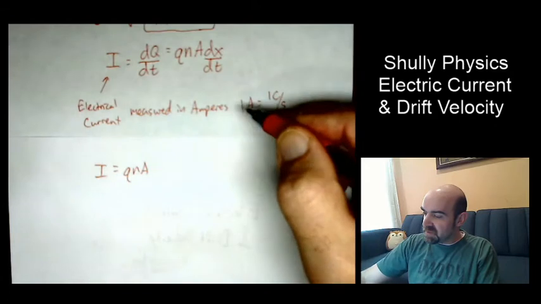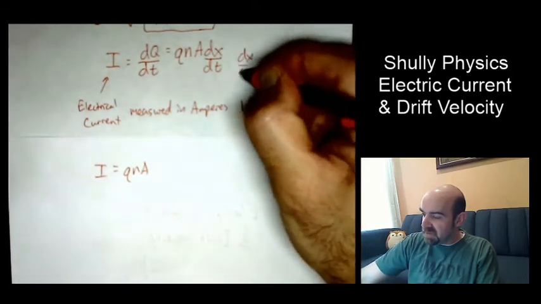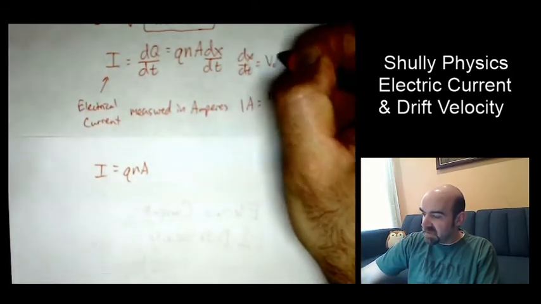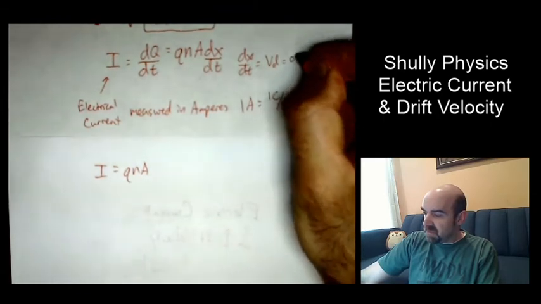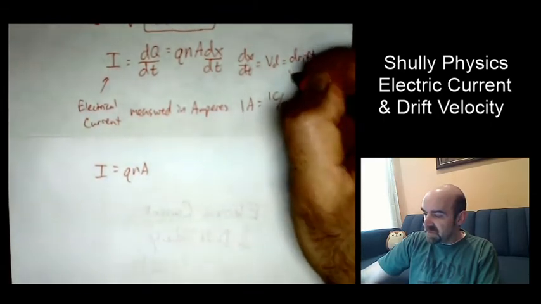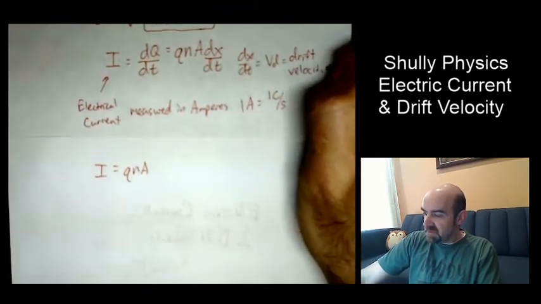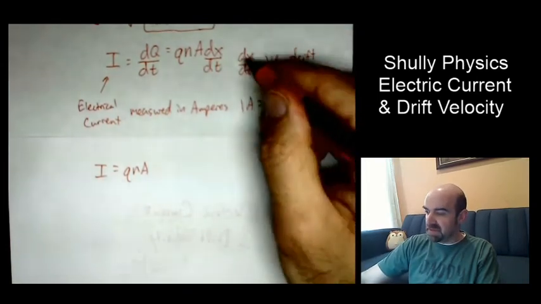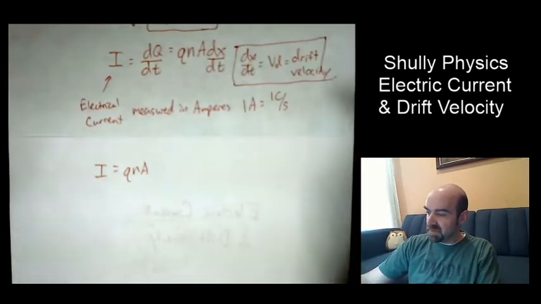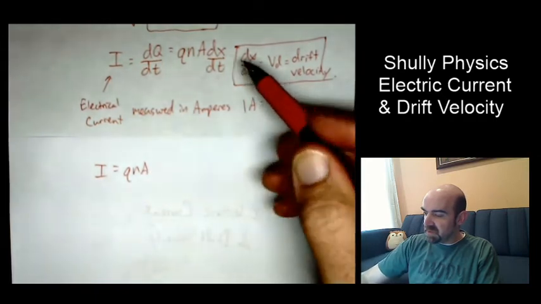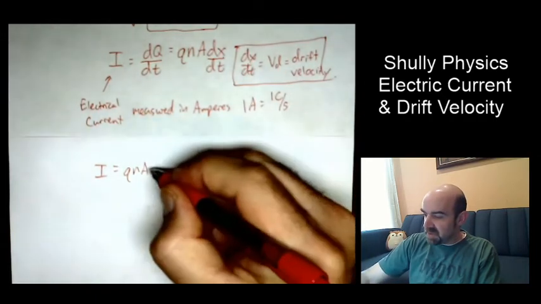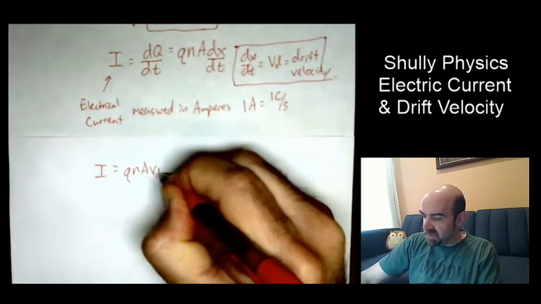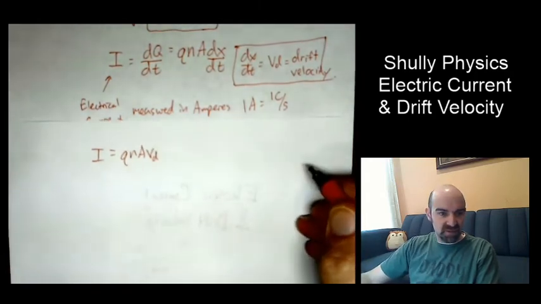So we're going to define that dx dt as the drift velocity. That's where it appears, the drift velocity. So this dx dt we're going to generalize as v sub d, the drift velocity.